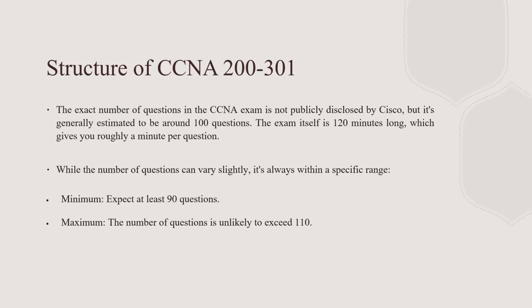Usually there are 100 questions, and the exam is usually 120 minutes. It means about 1 minute per question. The number of questions varies: the minimum you can expect is 90 questions, and the maximum can go to 110 questions.